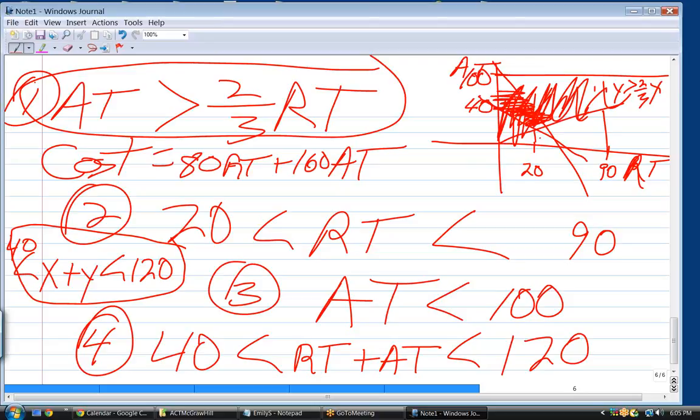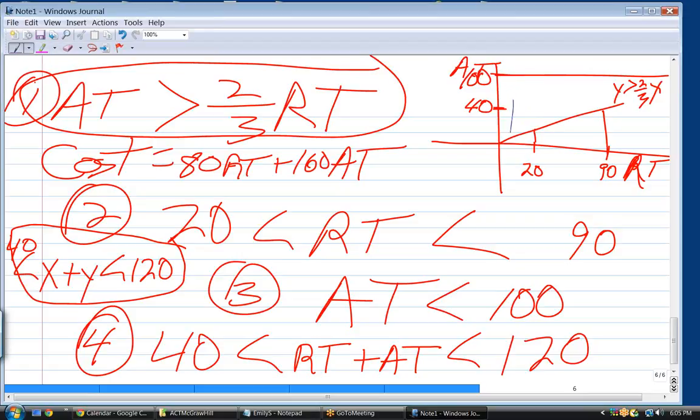First of all, the points of our final shape have to be above this first line here. It'd be nice if I had multiple colors. Let me kind of try to do this again here.